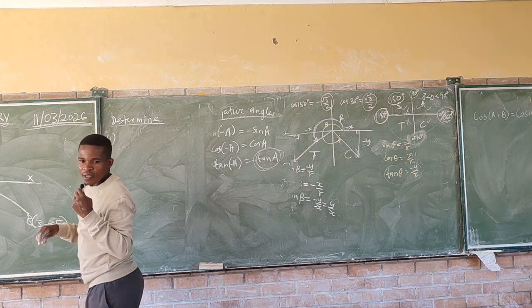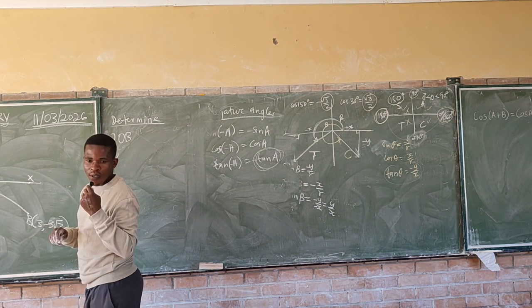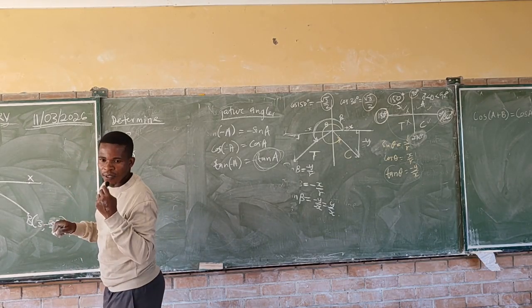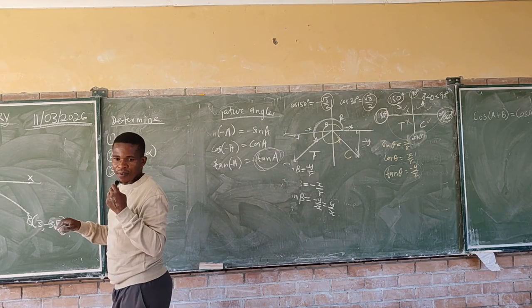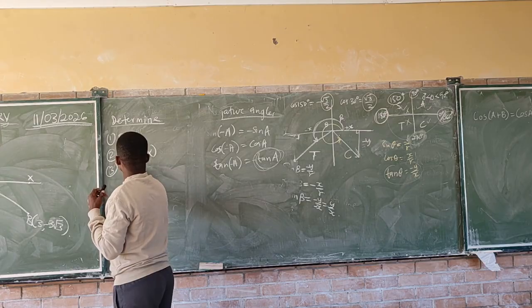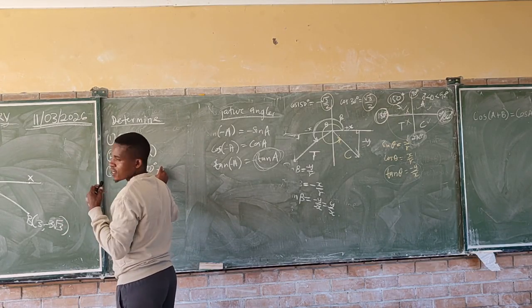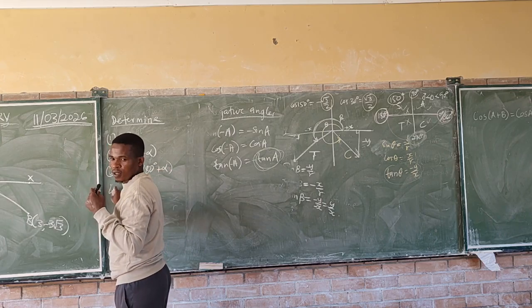Number 1, they're saying determine OB. Number 2, determine the cos of negative alpha. Number 3, determine the sine of 180 degrees minus alpha.